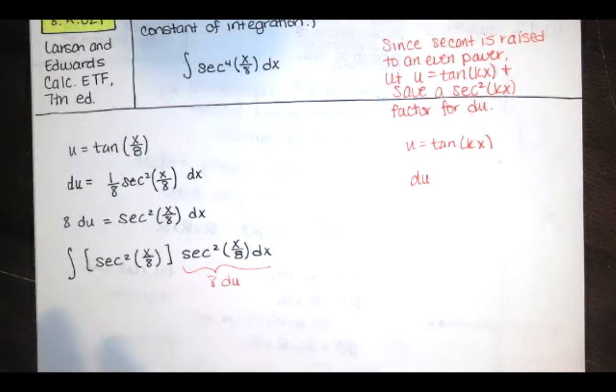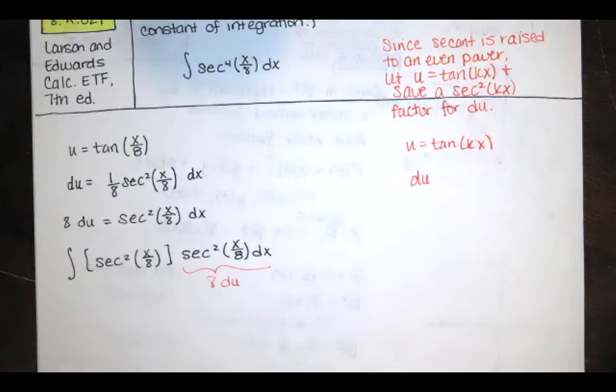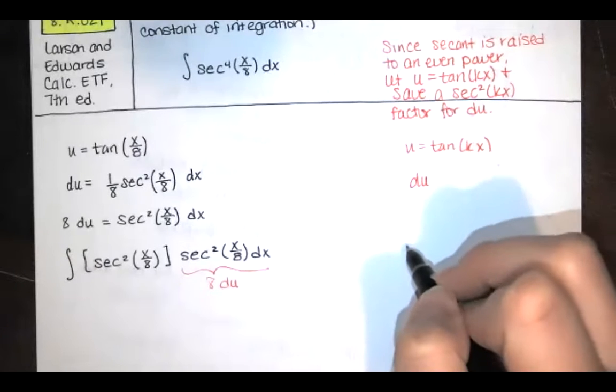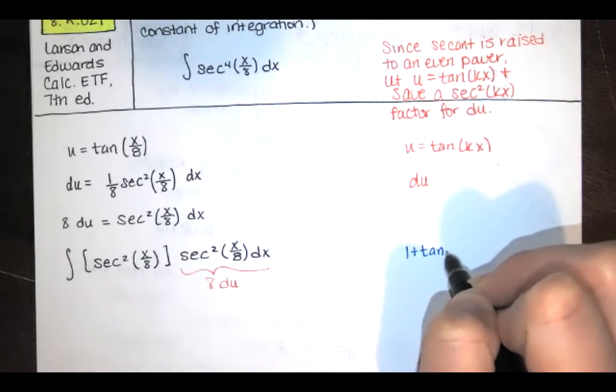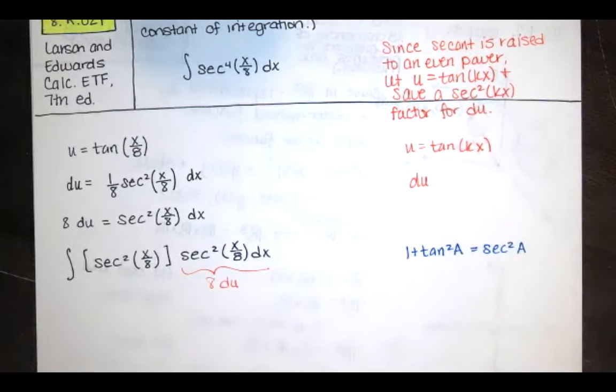Now we can write secant squared in terms of tangent by using one of our Pythagorean identities. Remember, 1 plus tangent squared of an angle is the same as the secant squared of the same angle.